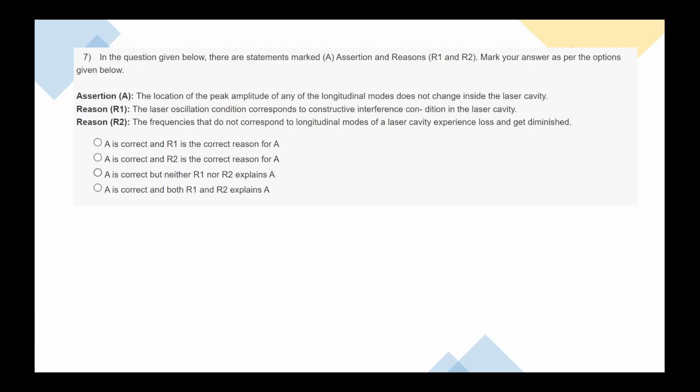Reason R1: the laser oscillation condition corresponds to the constructive interference condition in the laser cavity. Reason R2: the frequencies that do not correspond to longitudinal modes of a laser cavity experience loss and get diminished.